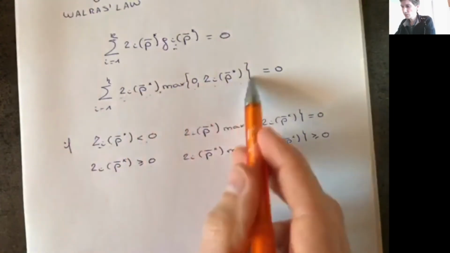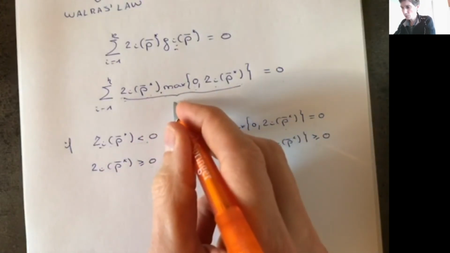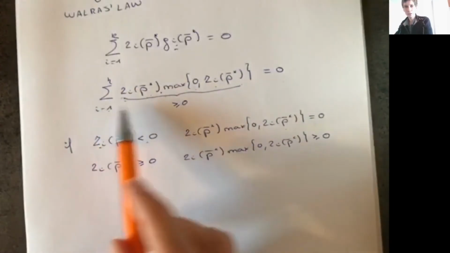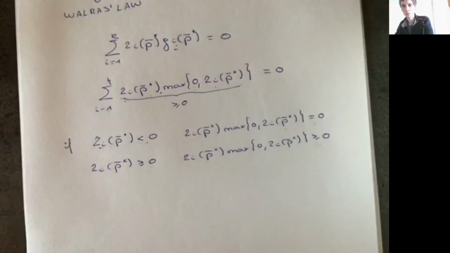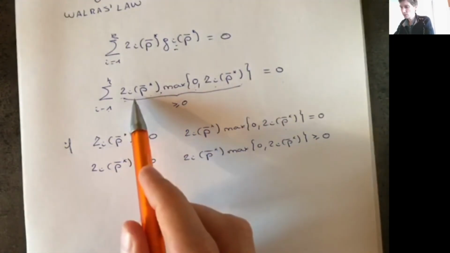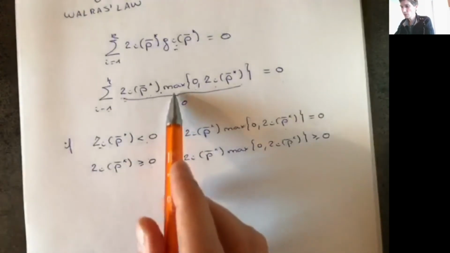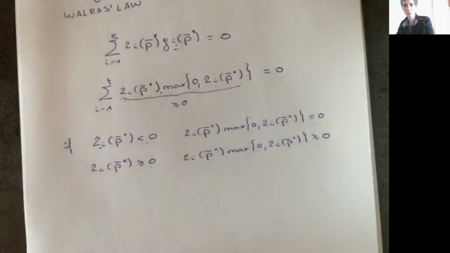So whatever the value of z_i(p star), this will be greater or equal to 0. Here you have a sum over k goods. Every term is greater or equal to 0, and the sum has to be equal to 0. So this can only happen if all these terms are equal to 0, because if one of these terms were strictly positive, then of course the sum would be strictly positive.